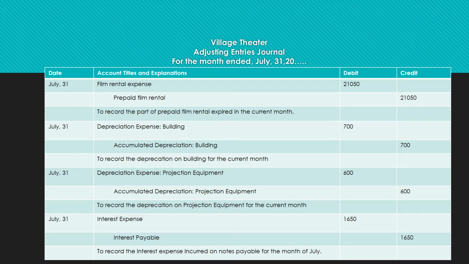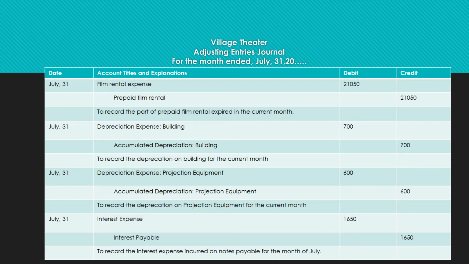So 36,000 divided by 60, the depreciation expense for the month of July will be 600. We debit depreciation expense projection equipment 600, and credit accumulated depreciation projection equipment 600. This is all about transaction C.